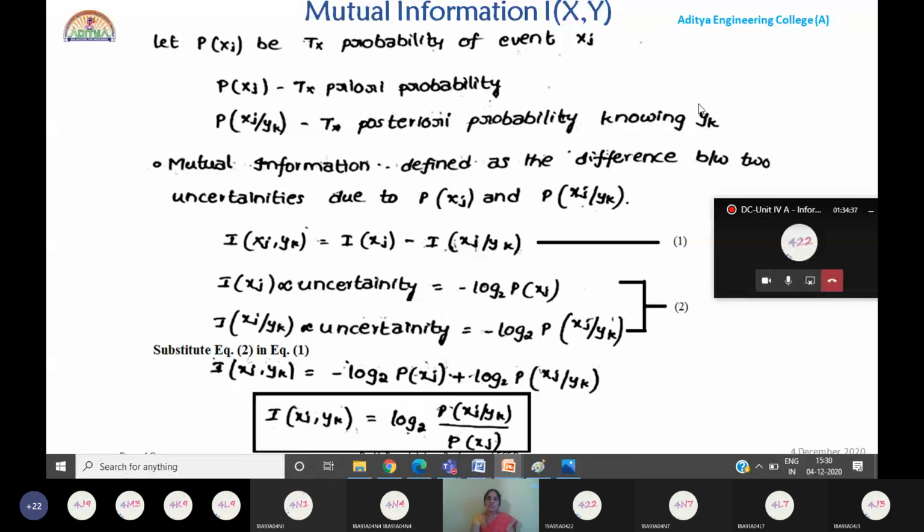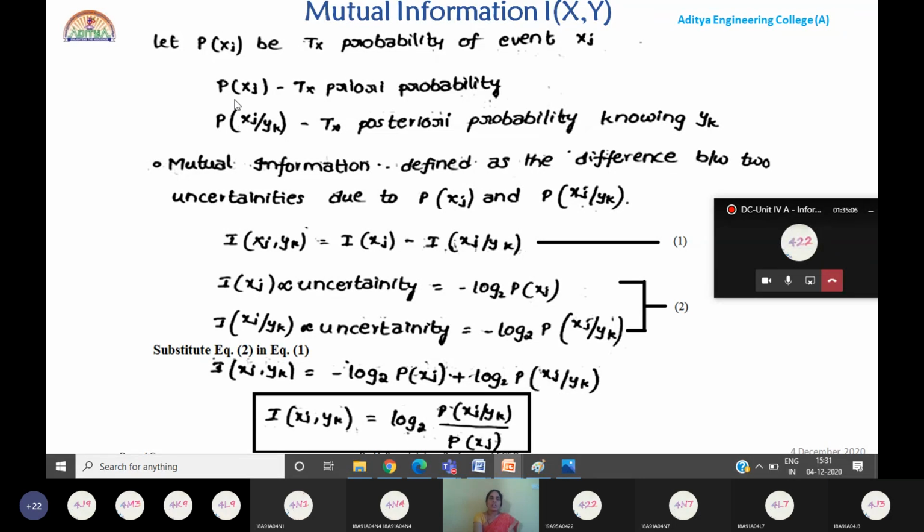After knowing the information of received data, if you are calculating the probability of the transmitted events, then it is called posteriori probability. Priori probability means without any information of the received data. Here you define the transmitted data probability.